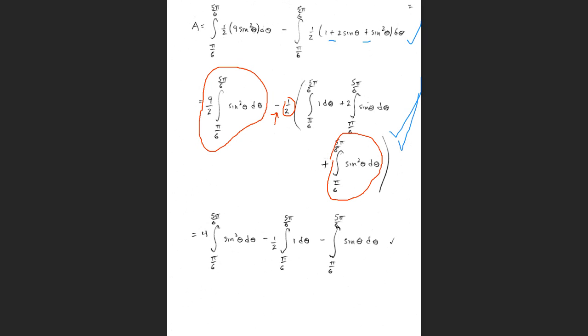So if you have 9 halves minus 1 half, that's 8 halves, which is 4. And this is how we get that first integral down here. Baby steps, baby steps. That's how I get that integral there.